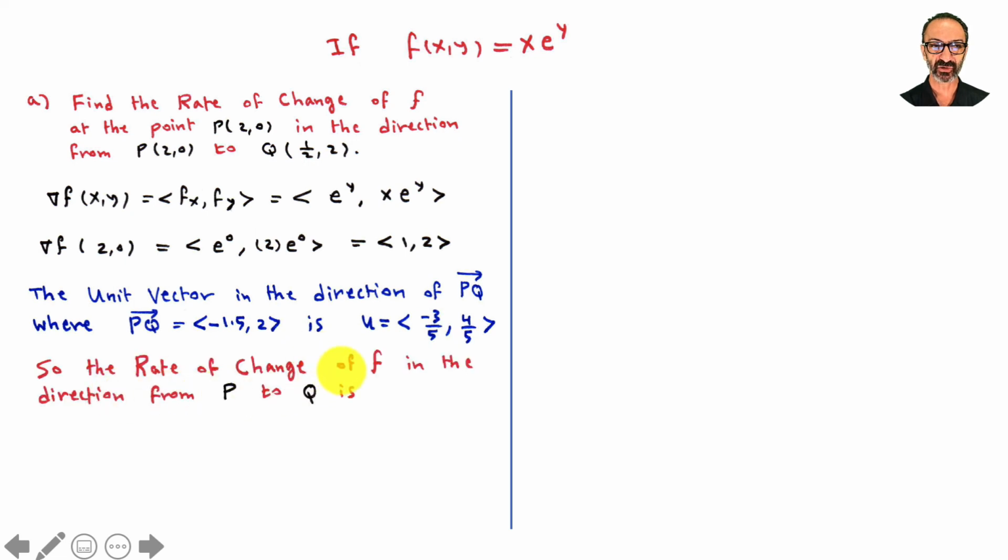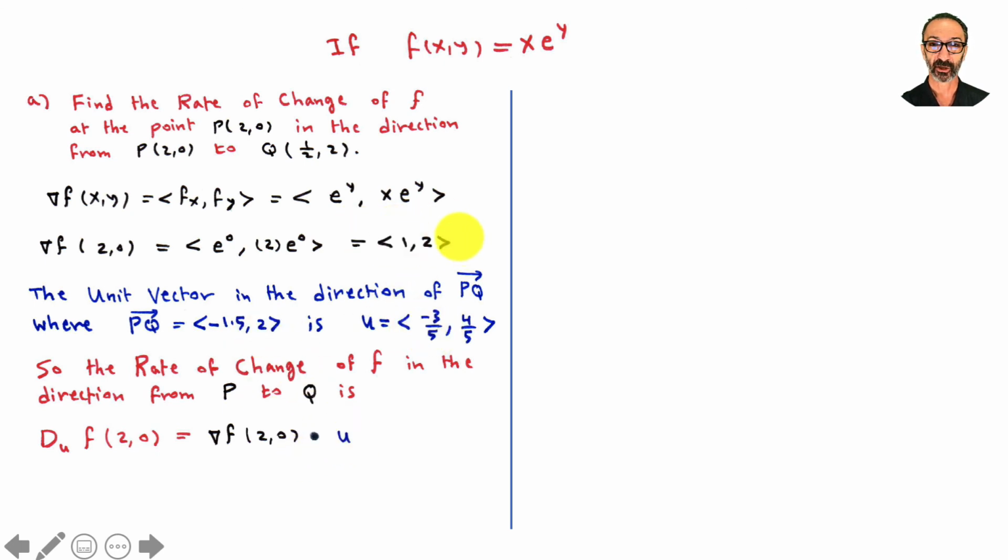So the rate of change of f in the direction from P to Q, which is the directional derivative, we do the dot product between the black marker and the blue marker right here.